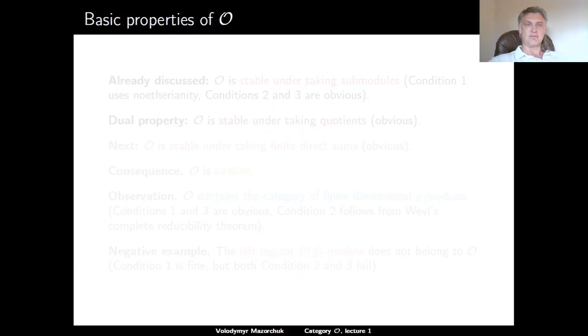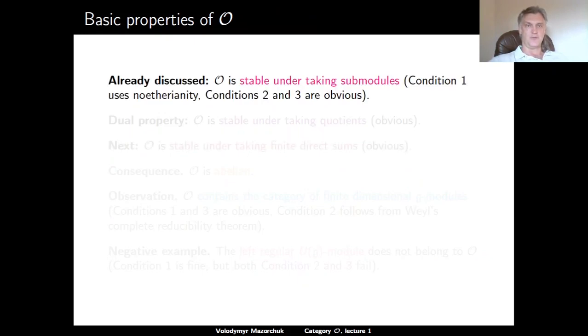So let's discuss some basic properties of category O. As we have already mentioned, category O is stable under taking submodules. Here, finite generation uses Noetherianity of our algebra, while h-diagonalizability and local U(n plus) finiteness are obviously inherited by submodules.